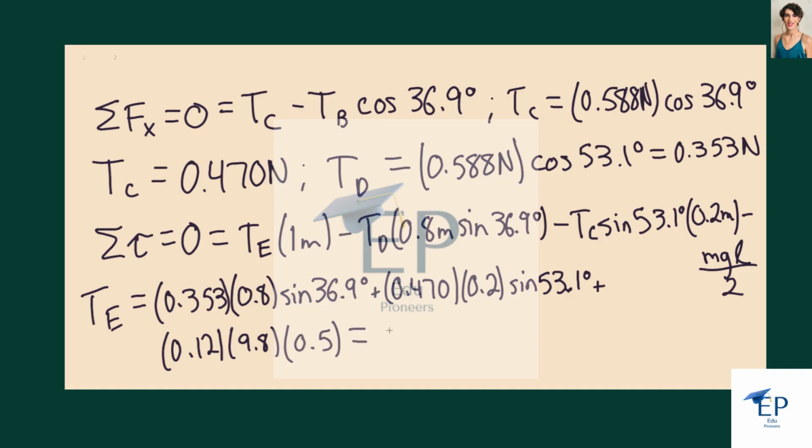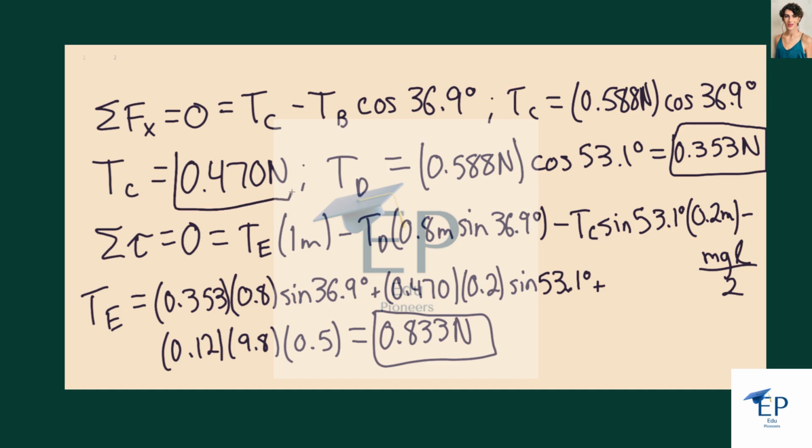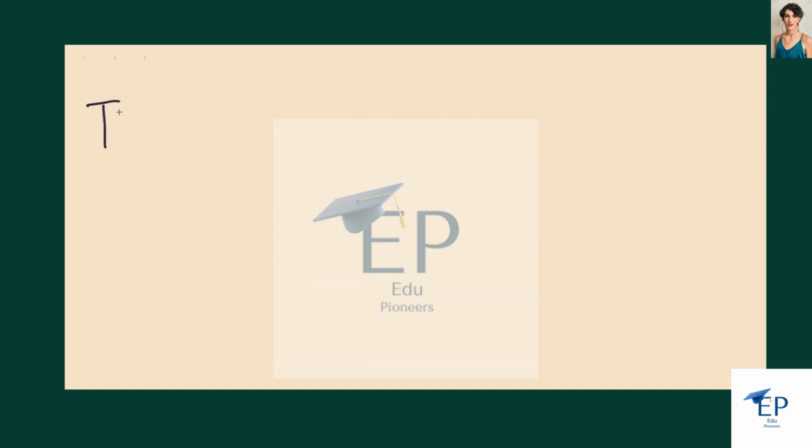And this would equal 0.833 newtons. So this would be your answer for E. Rather, this would be your answer for D, and this would be your answer for C. My apologies.